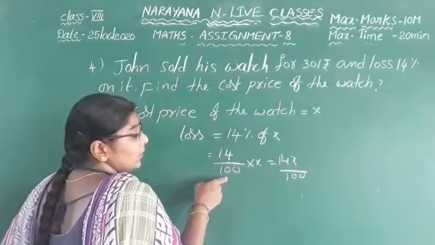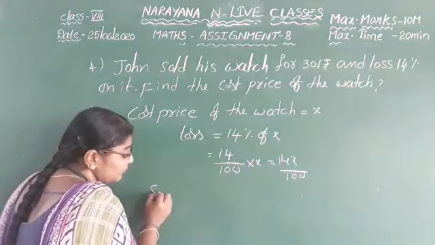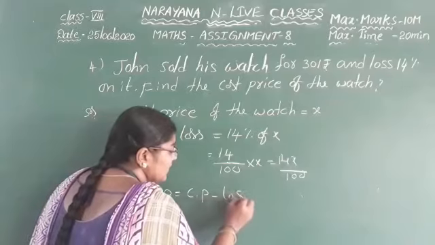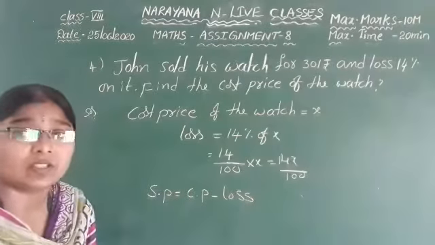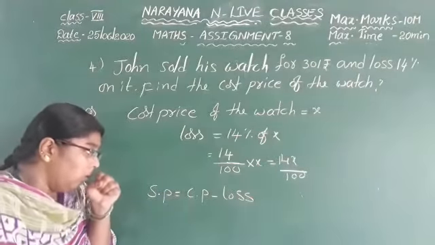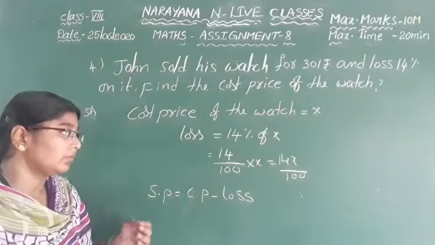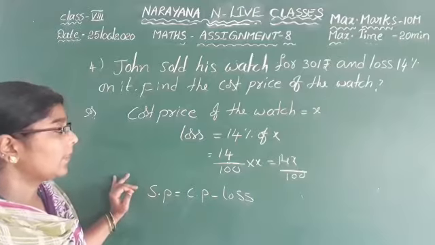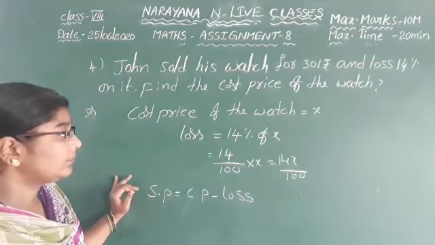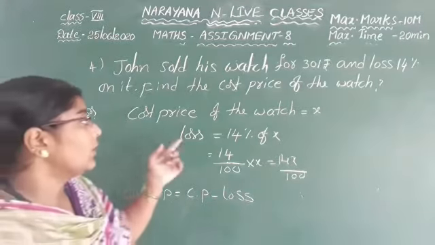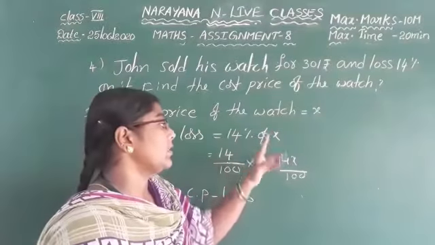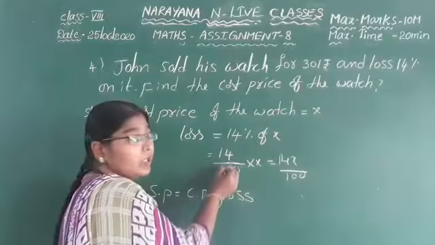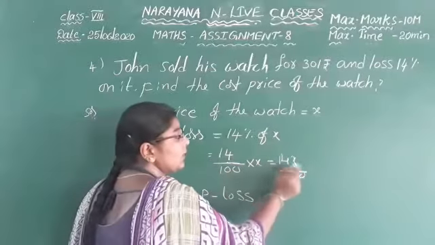By the formula, SP is equal to CP minus loss. So the loss is 14% of x, which is 14x by 100.